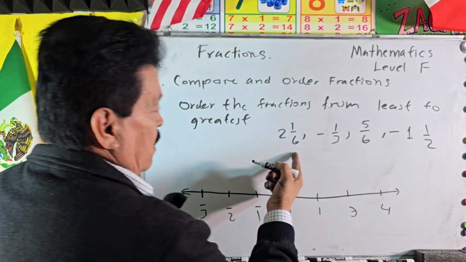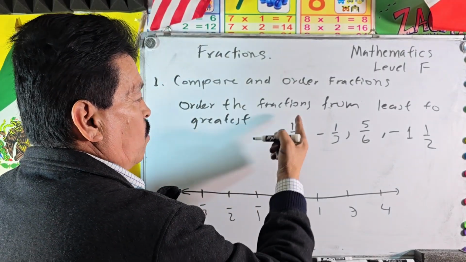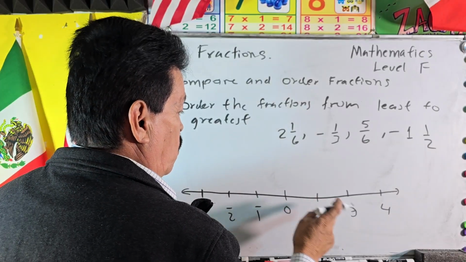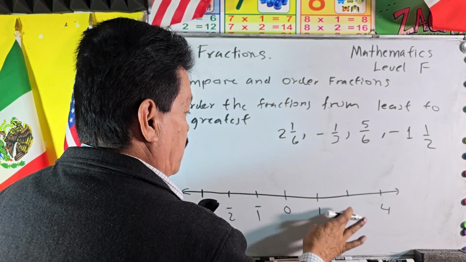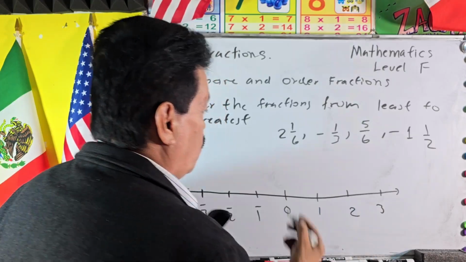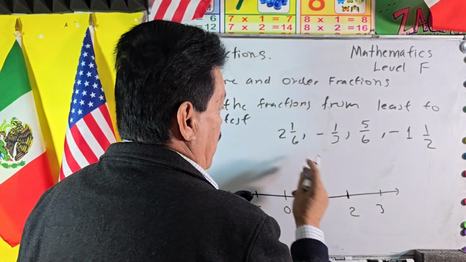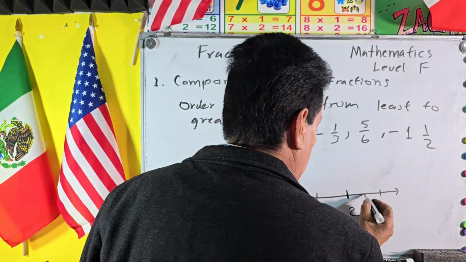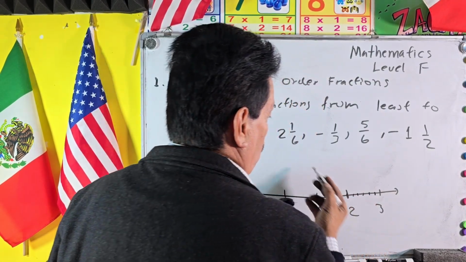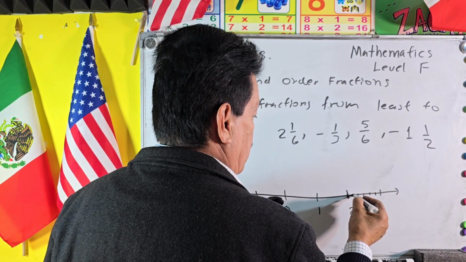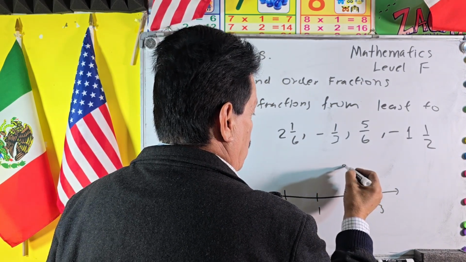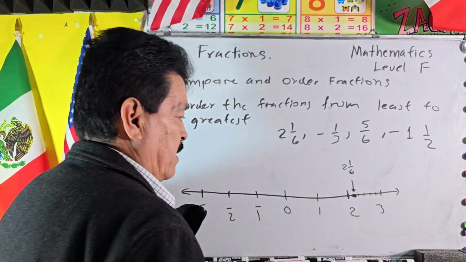For instance, 2 1/6: oh no, I wrote it wrong here. 2 is right here, and 3 is here. So 2 whole is right here, but for 1/6, we have to divide by 6. So 2 1/6 is right there.